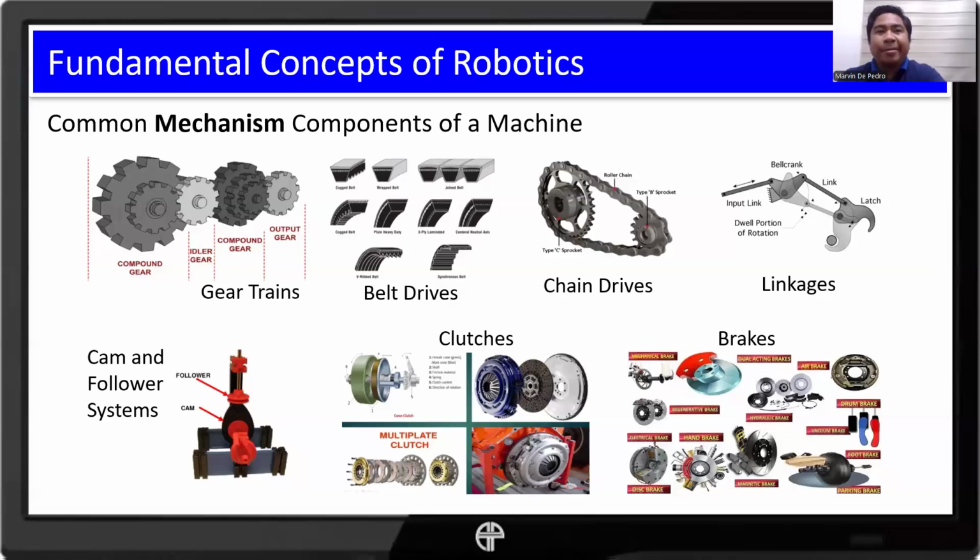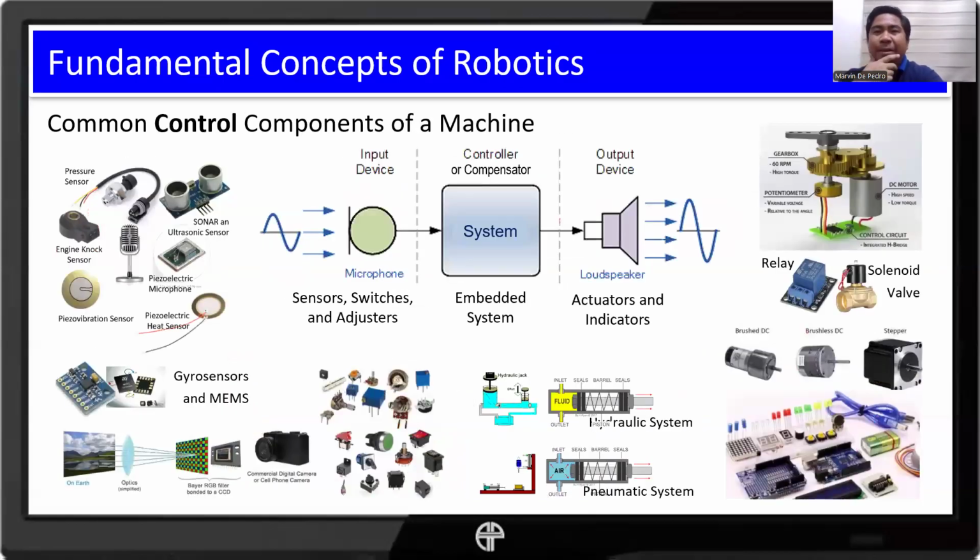Lastly, this is where we focus: the common control components of a machine. We have the controller system, and then we have different sensors and different actuators. We can have a pressure sensor, sonar, ultrasonic, piezoelectric microphones, and so on. Regarding the monitoring of the movement of the robot, we have the gyro sensors and the MEMS, or micro electromechanical system.